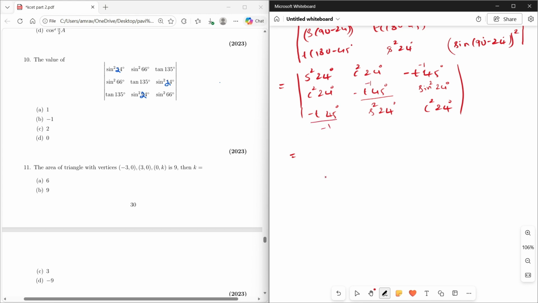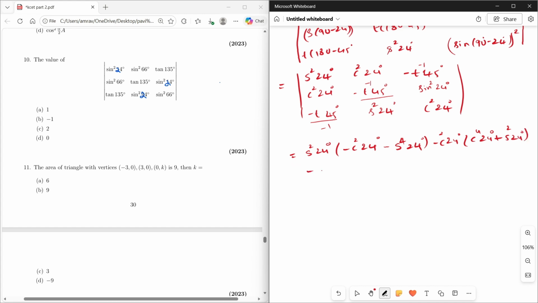Now expanding this determinant: sine square 24 degree into minus 1 into cos square 24 degree, so minus cos square 24 degree, and here sine square 24 degree into sine square 24 degree, sine power 4 24 degree. Again minus cos square 24 degree into, expanding along the second element, cos power 4 24 degree, and sine square 24 degree into minus 1, so plus sine square 24 degree.